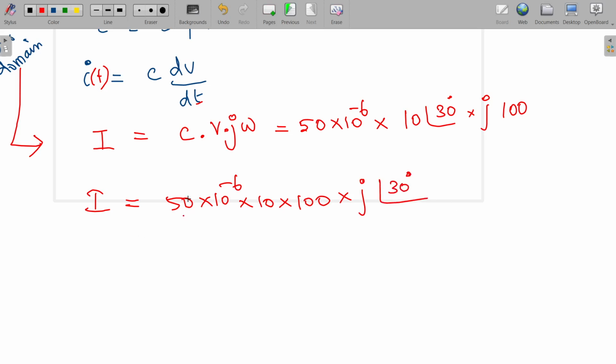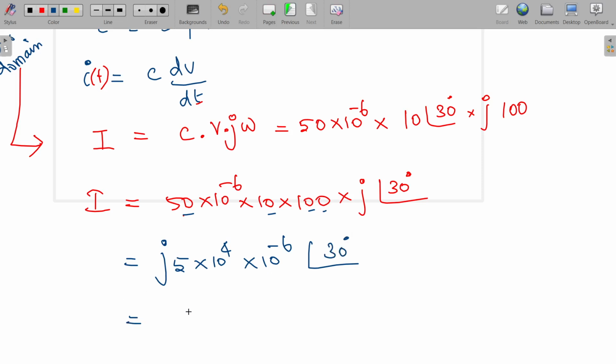So you have 10 times 100, which is 10 power 3, and with the 50 and 10 power minus 6, that is equal to 5 into 10 power minus 2. Then you can bring this j here, and this angle will be here.